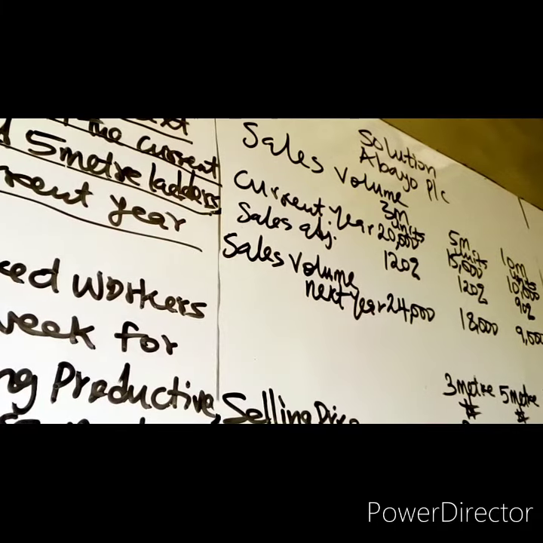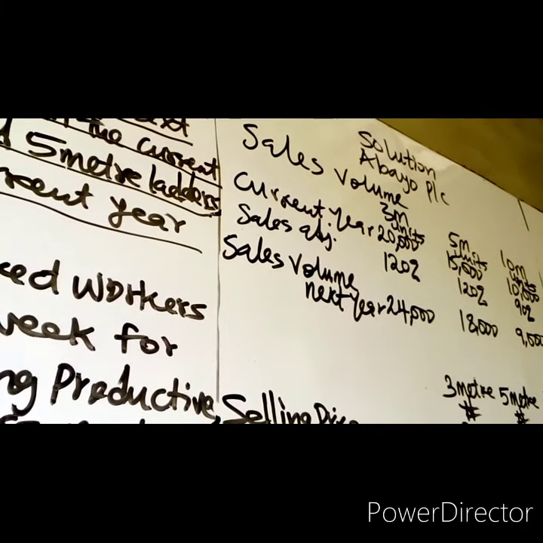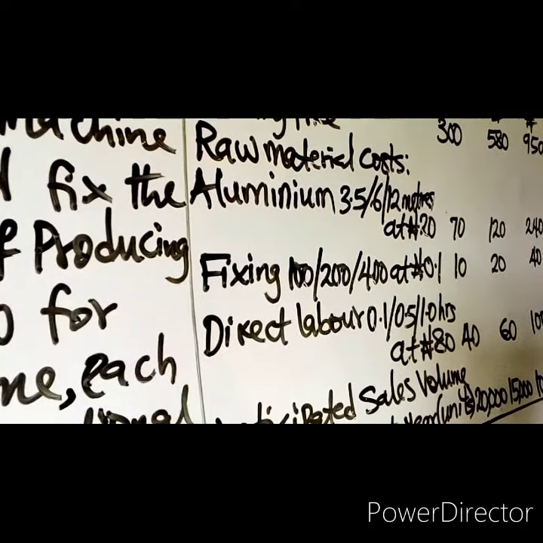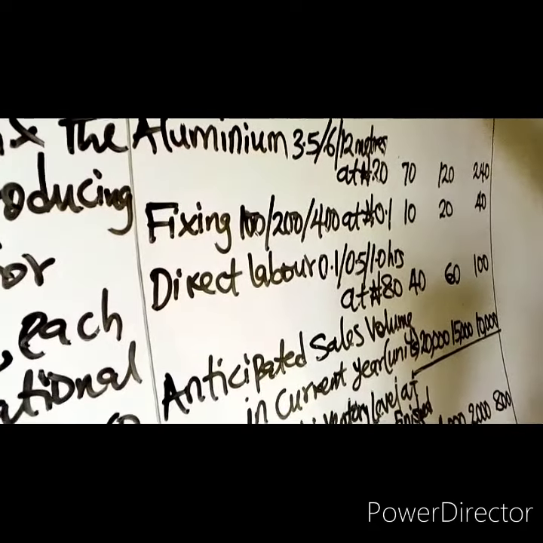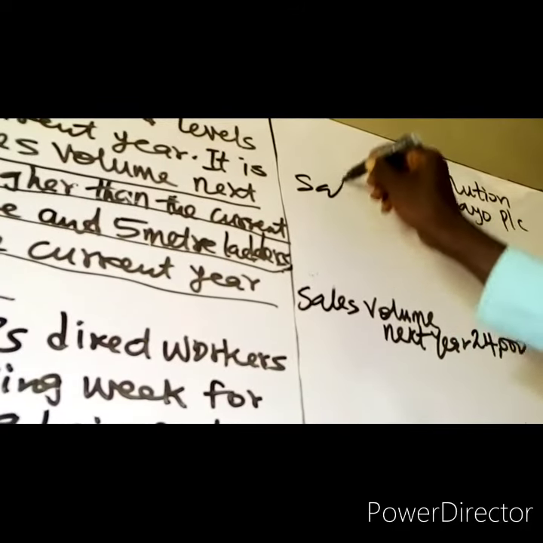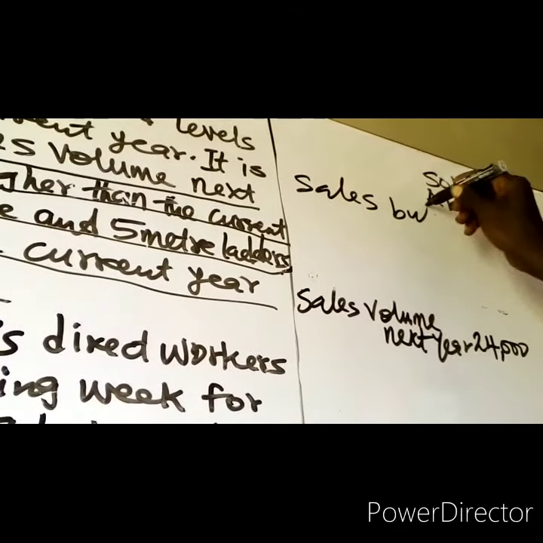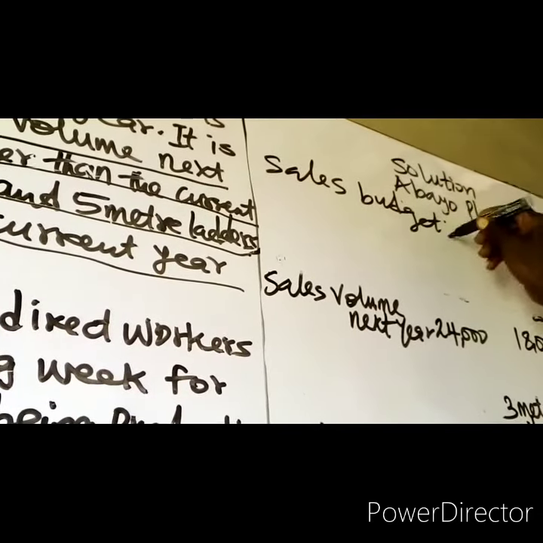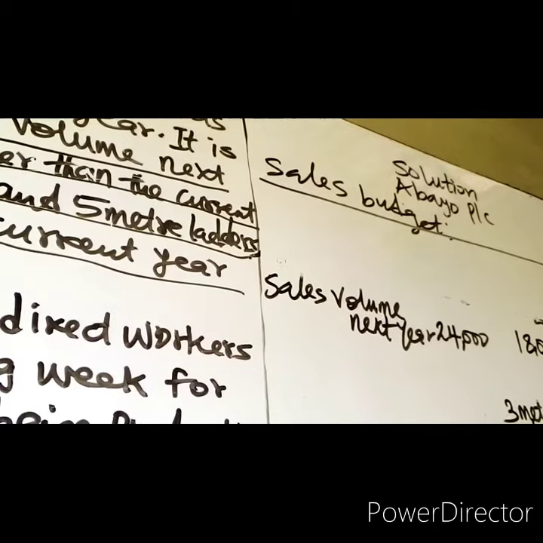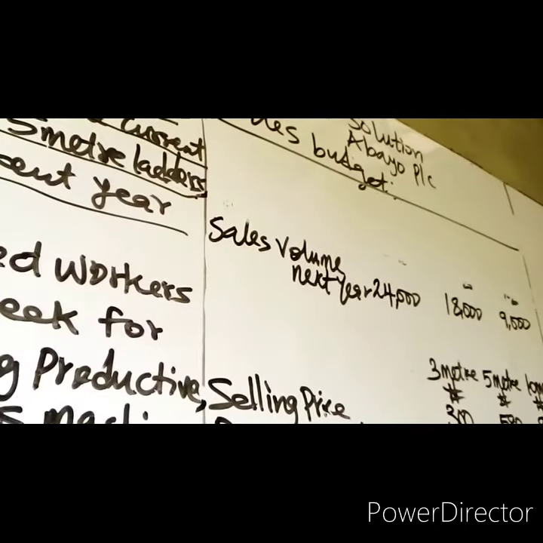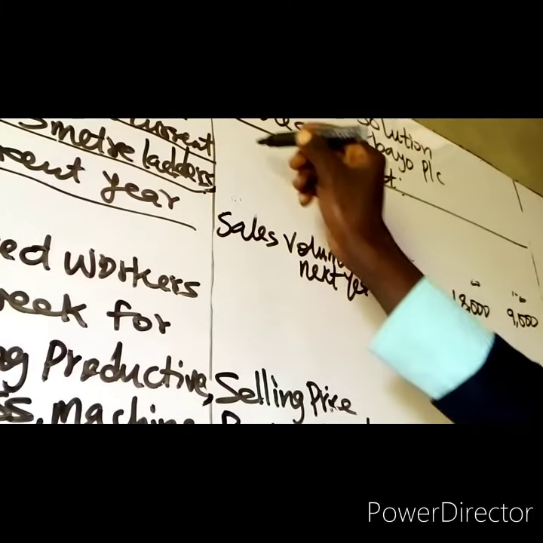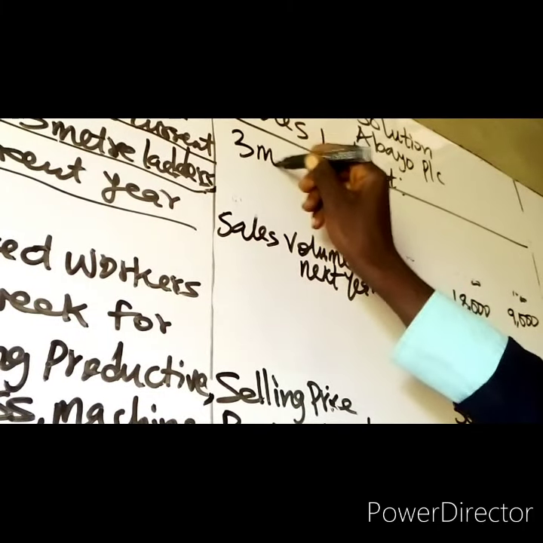Now, let's prepare the sales budget for Abayo. So now let's have the sales budget. You have the items: 3 meter, 5 meter and 10 meter.